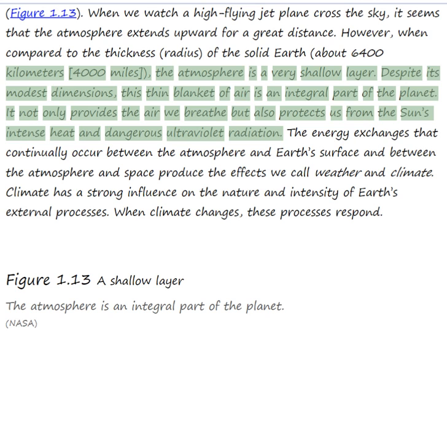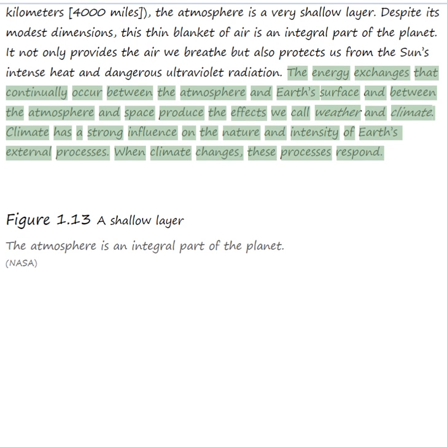Despite its modest dimensions, this thin blanket of air is an integral part of the planet. It not only provides the air we breathe but also protects us from the sun's intense heat and dangerous ultraviolet radiation. The energy exchanges that continually occur between the atmosphere and Earth's surface and between the atmosphere and space produce the effects we call weather and climate.